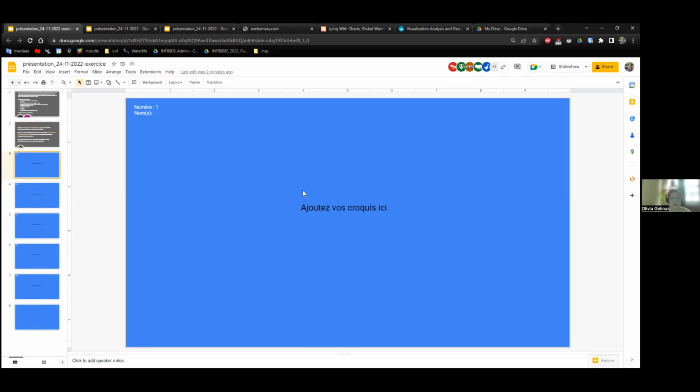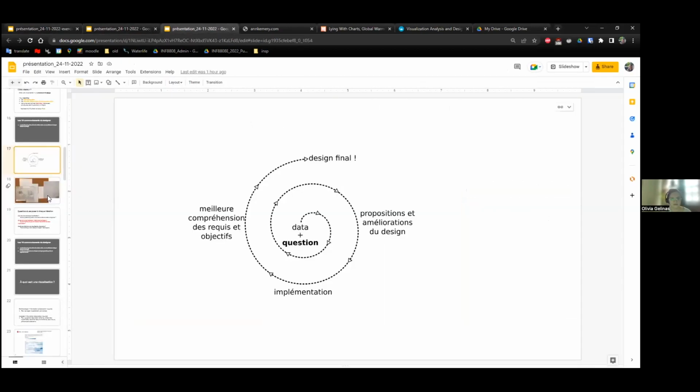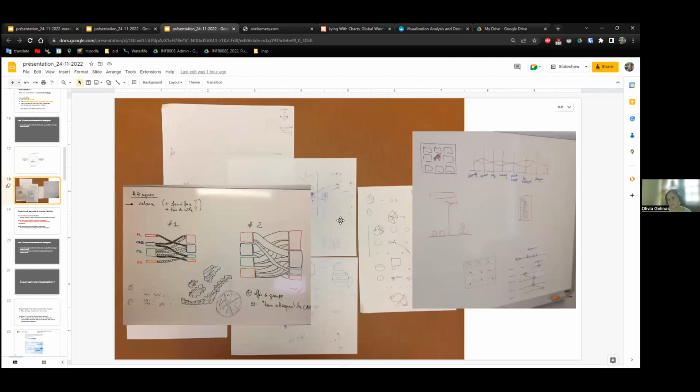And when you finish, you can copy and paste here, and this will be shared in edit mode. So you can take photos of your paper, screenshots. It doesn't have to be super fancy. And like you saw in the presentation, it could be just like this. It's not necessarily refined, it's more conceptual.